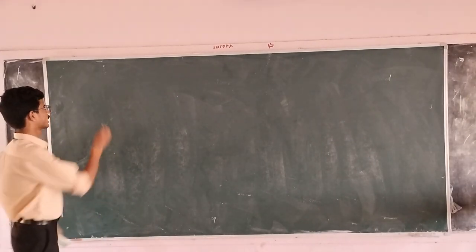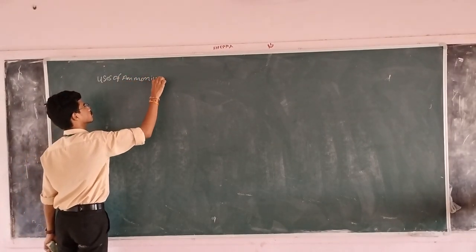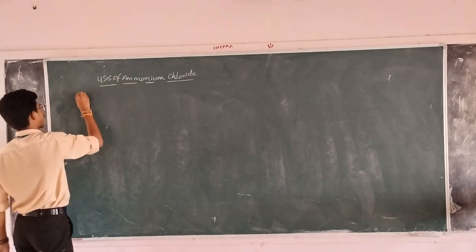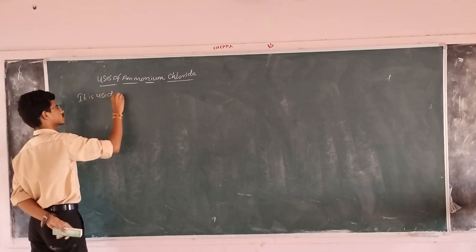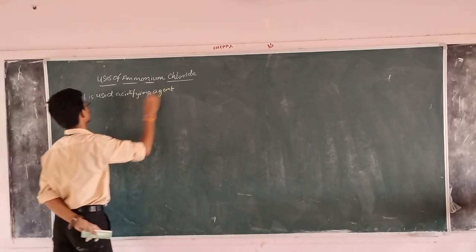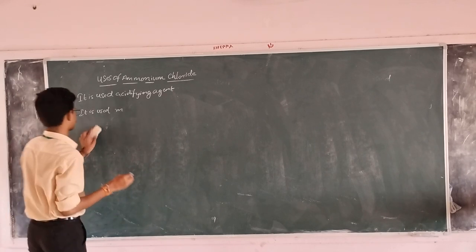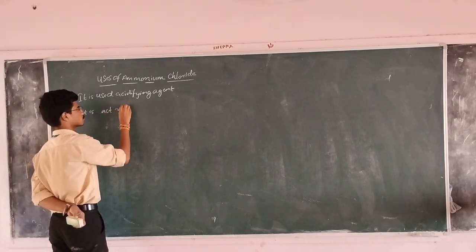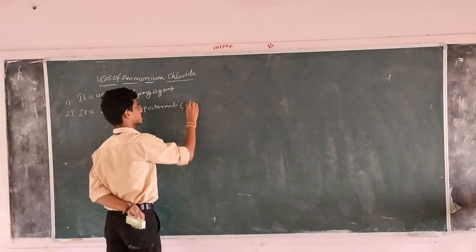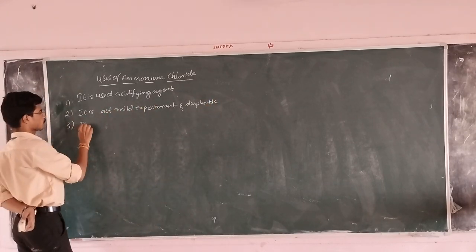Next, the uses of ammonium chloride. First, it is used as an acidifying agent, and it acts as a mild expectorant and diaphoretic, and it is a source of ammonia.